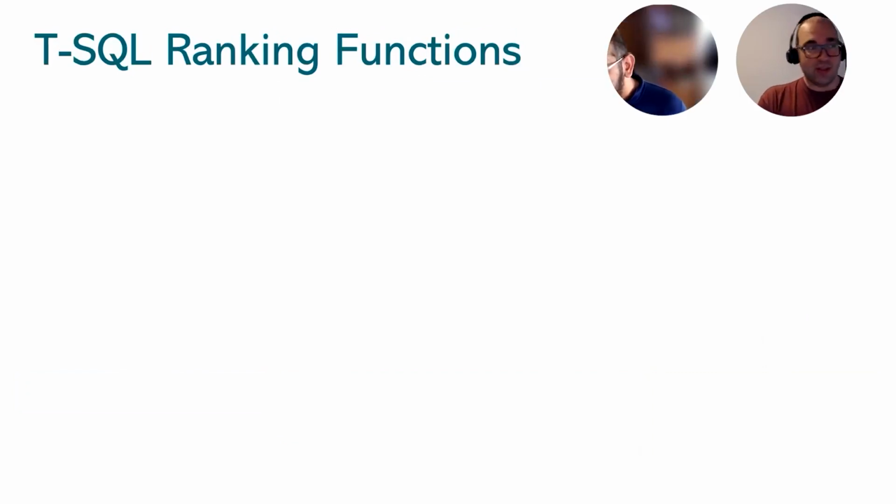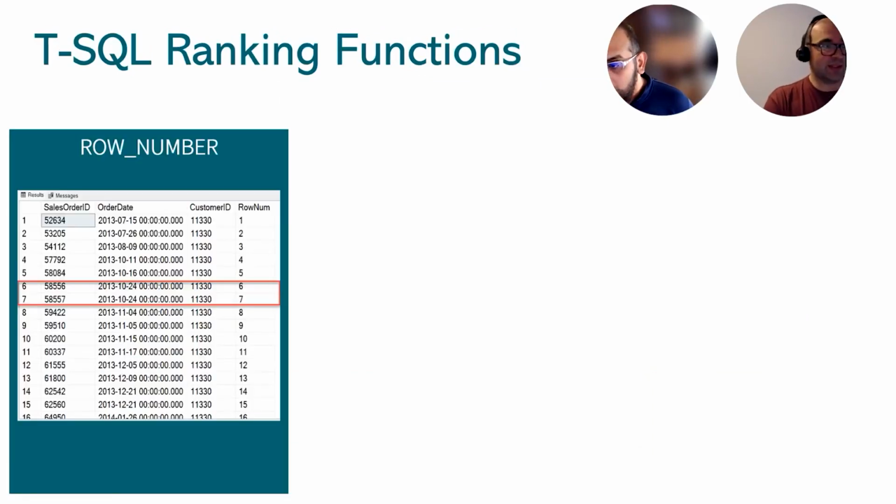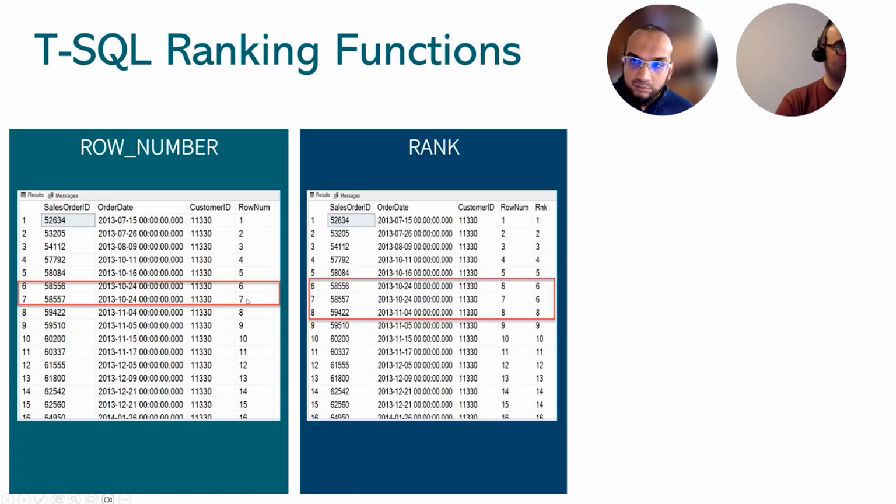Most used T-SQL functions for data analytics are ranking functions. So ROW_NUMBER will simply calculate. In this case, I am writing a query that partitions data per order date. So you see I have two rows that were on 24th of October 2013, but ROW_NUMBER doesn't care. It will just assign 1, 2, 3, 4, 5, 6, 7 without any rankings or whatever else.